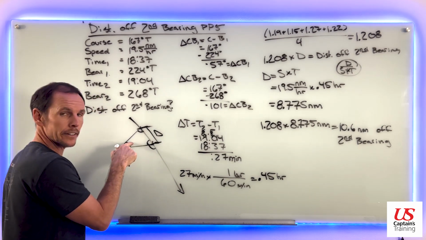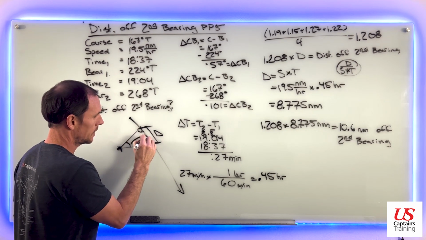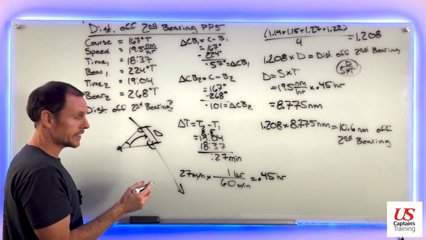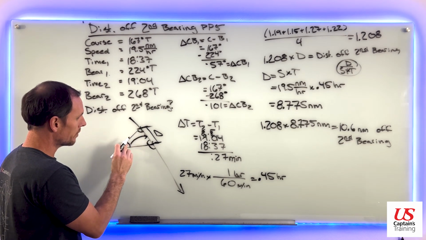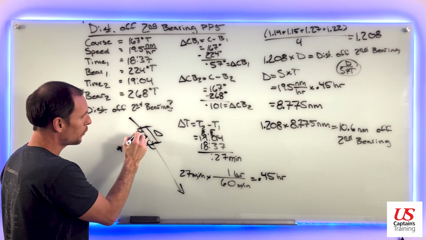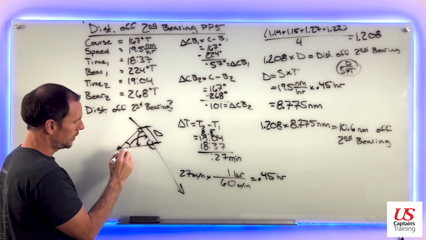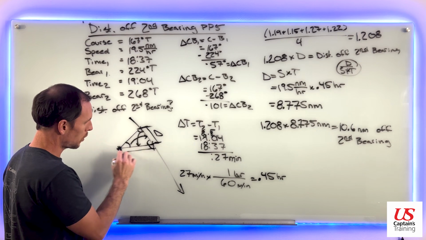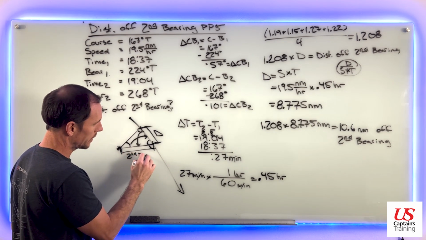Now we have an angle across from a distance. And it stays in the same ratio as the other sides and angles. So if we have this angle and this distance, we can get the distance across from this angle, which is the distance we're looking for. This is the distance off the second bearing.